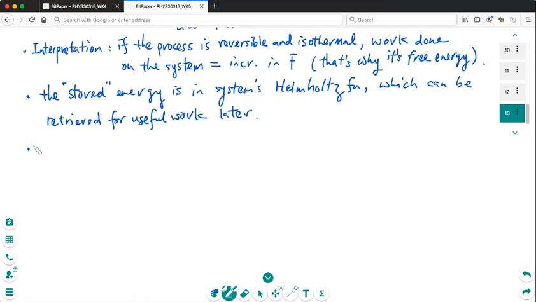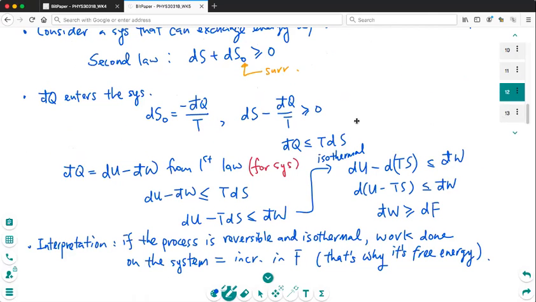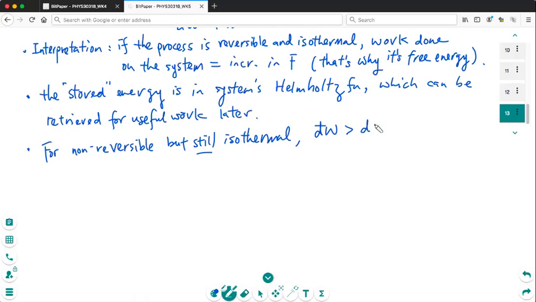What if the process is not reversible, not quasi-static? So for non-reversible, I don't want to complicate the system, but I still want to discuss the isothermal case. So to help you revise, I write a bit more for the reversible, but for non-reversible, but still isothermal, what we will have is this: d bar W is greater than dF.